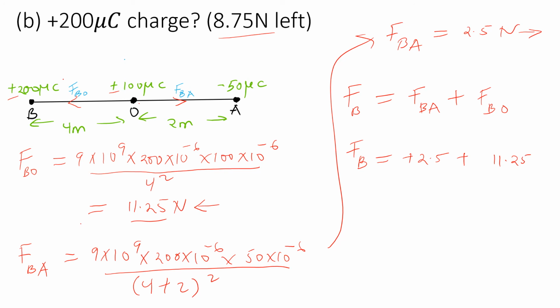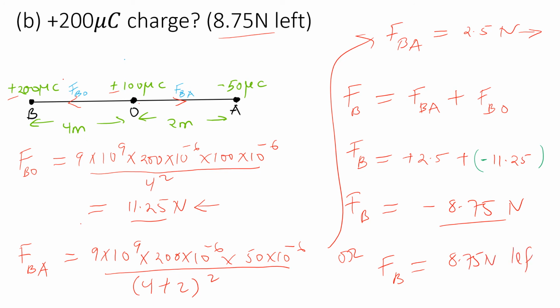Because it's going to the left, we shall give it a minus sign. Then we get F on B in total being negative 8.75 newtons. Since it is negative, you would say F on B is 8.75 Newton to the left. That's the direction, and that's the net force on B caused by the charges placed at O and A.